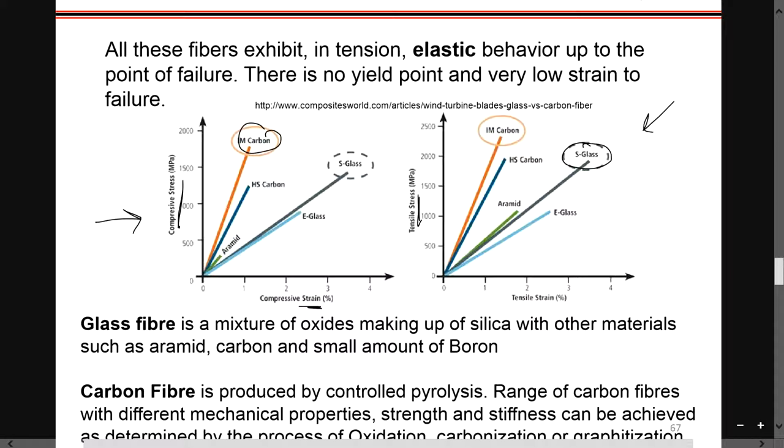If you want something in between, I would suggest the high strength carbon. And if you are talking about applications that are not very stiff or need barely good strain, you can use aramid, I don't know. So these are things that you need to articulate.